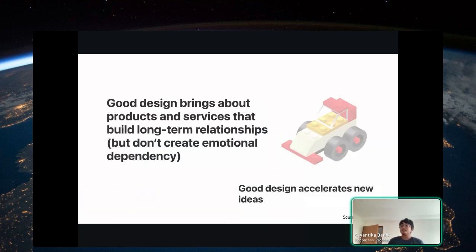And these are two of the most important ways of thinking about it: long term relationships, but not creating emotional dependency out of a good design. Imagine that I'm on a platform and I loved a certain favorites section on top of that platform because I used to visit those links quite often. Having those handy made a lot of sense.